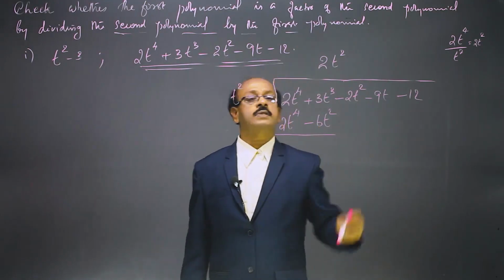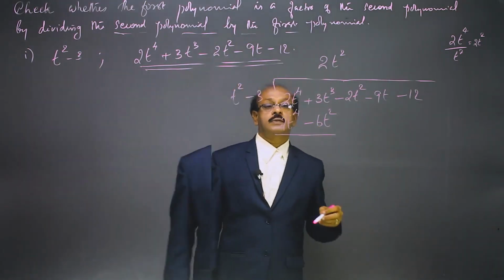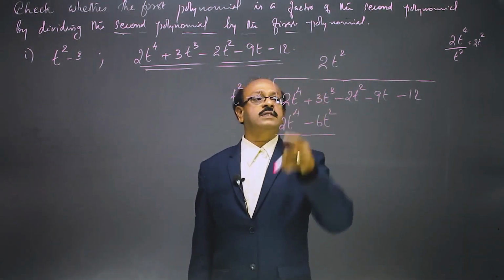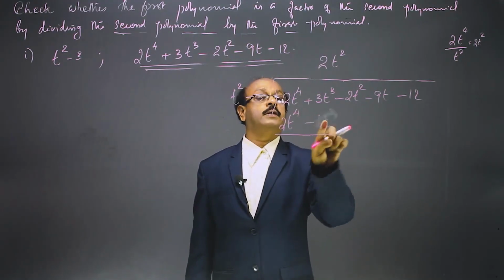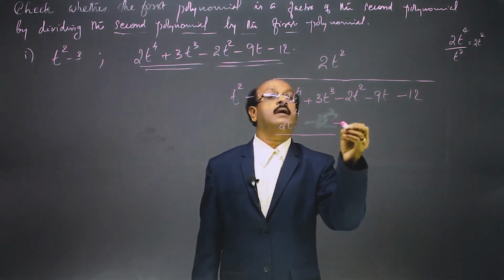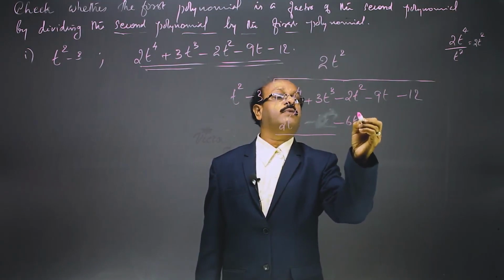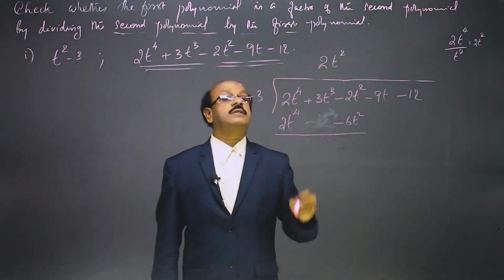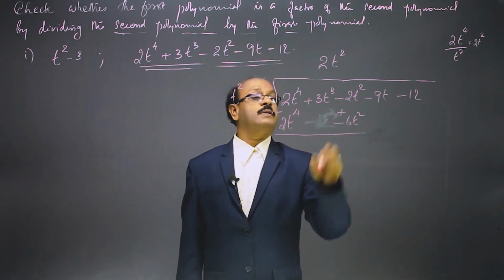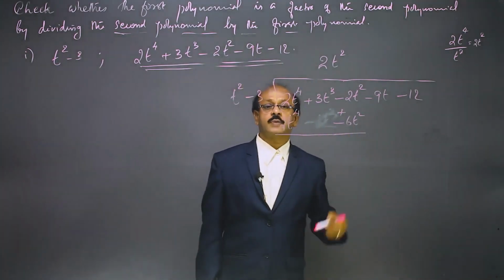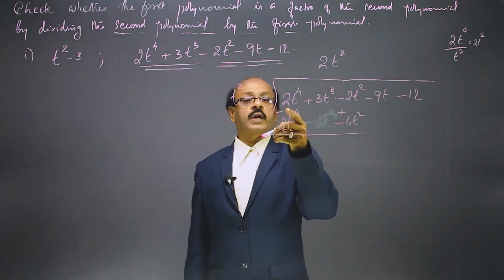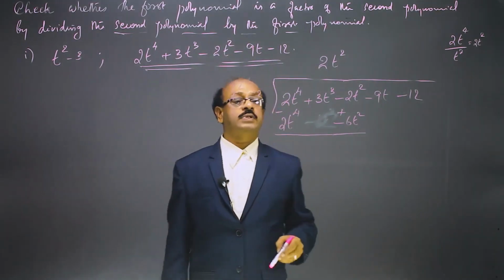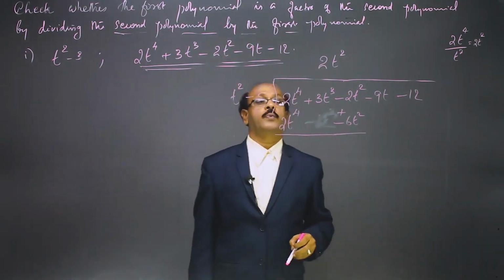Now we have to subtract. For that, we have to write minus 6t square below the square term. Now changing the sign, this is minus and this is plus. We are changing the sign for subtraction. Now adding 2t raised to 4 and minus 2t raised to 4 will give you 0.